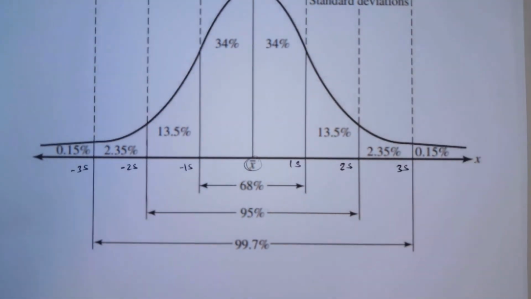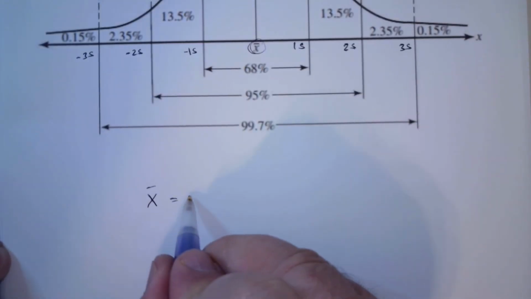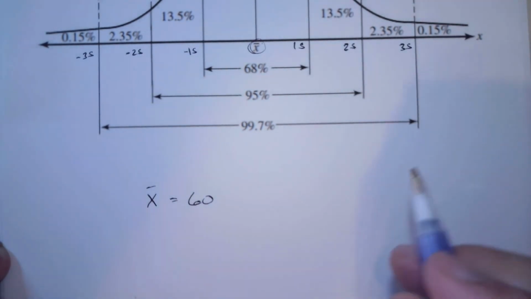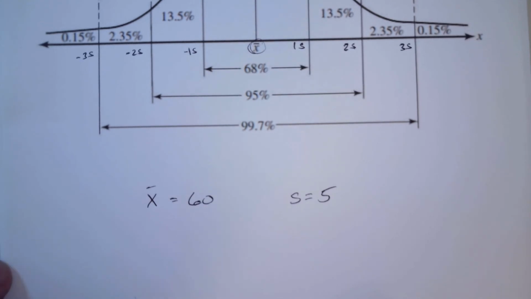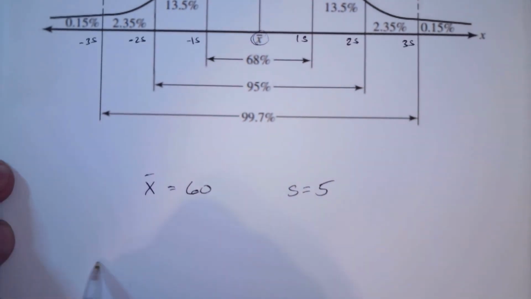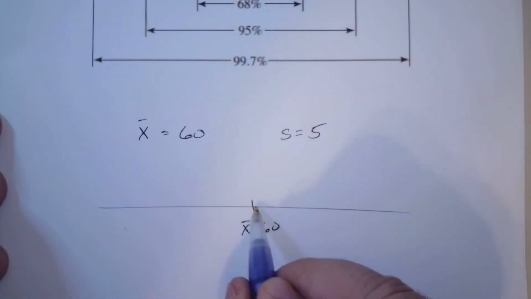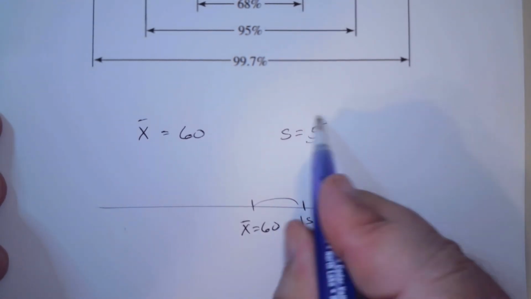So now, how do you figure? What does this stuff mean? So once you find the mean, let's say the mean is 60, and you calculate the standard deviation the way we did it, and you get 5. So on your list, here's your mean. You get 60. Now, 1 standard deviation, add 5 to this.